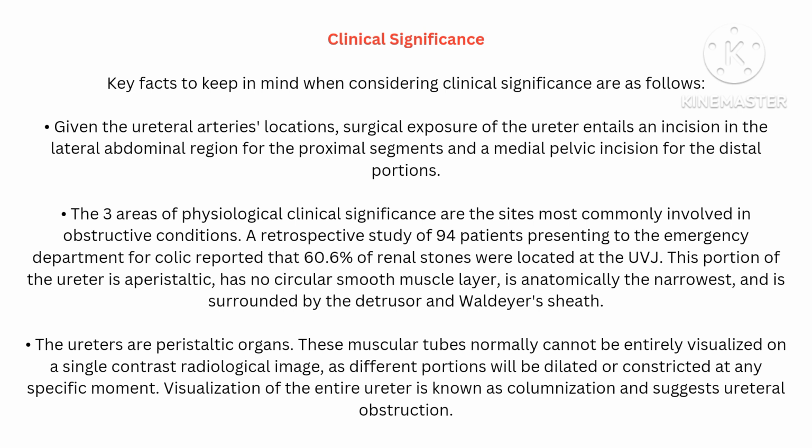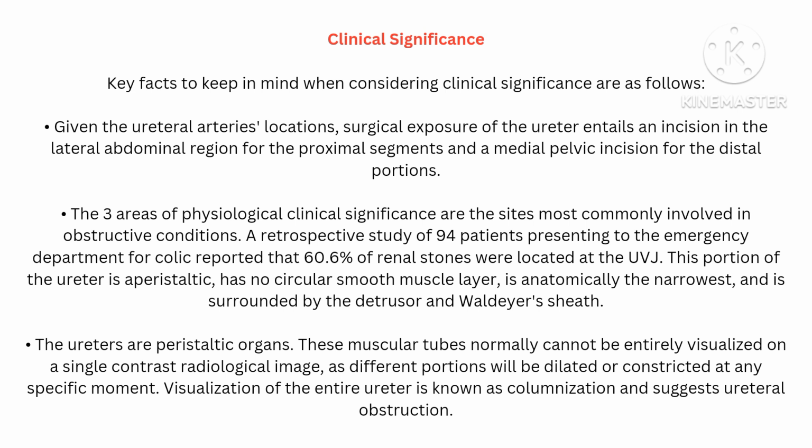A retrospective study of 94 patients presenting to the emergency department for colic reported that 60.6% of renal stones were located at the UVJ. This portion of the ureter is aperistaltic, has no circular smooth muscle layer, is anatomically the narrowest, and is surrounded by the detrusor and Waldeyer's sheath.